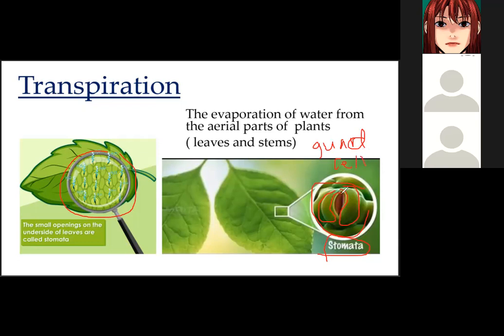And the opening in the middle is called stomata. Stomata under the leaves is where water is lost through evaporation.